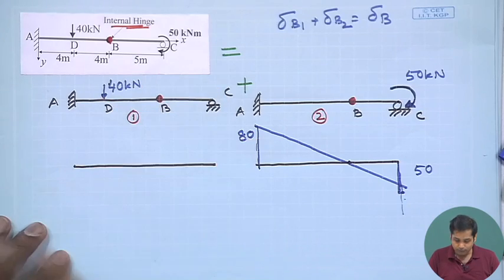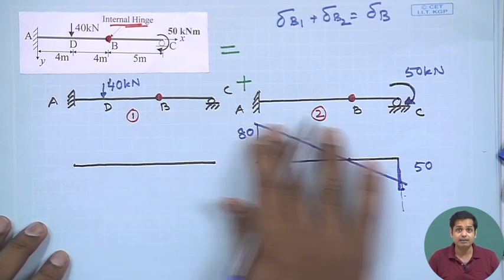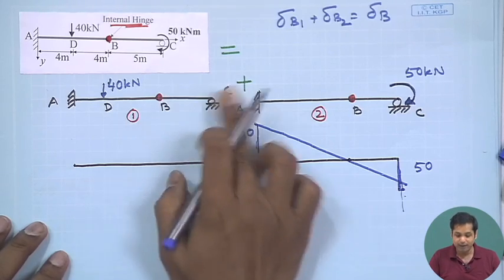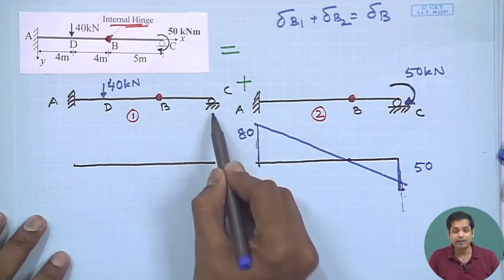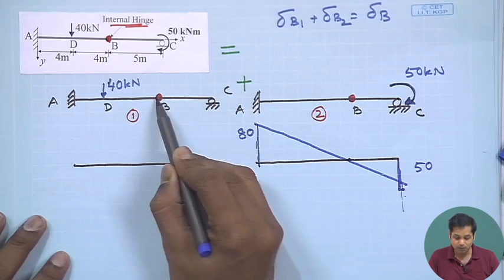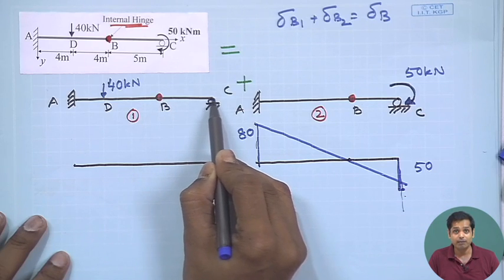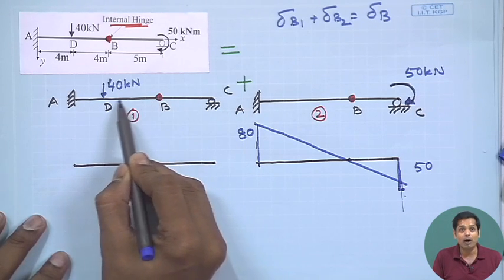Now, let us find out the bending moment diagram for this. If you take BC separately, you see there is no other external load here. So the reaction at C will be 0, which means there is no bending moment in BC. Even between B and D there is no other load.